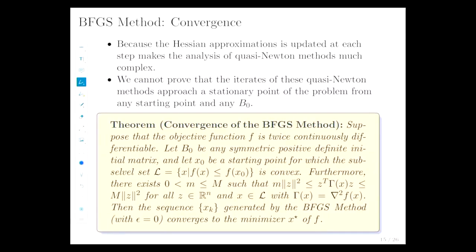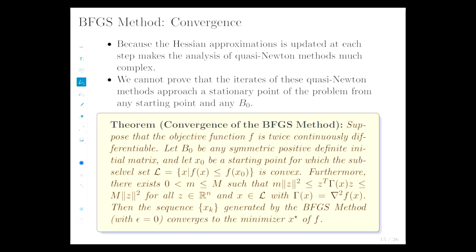Now, in terms of convergence, as I said, BFGS doesn't have a general result. It relies on a lot of assumptions on the cost. But what we have is this. Let's just state it, then we talk about the things on top.